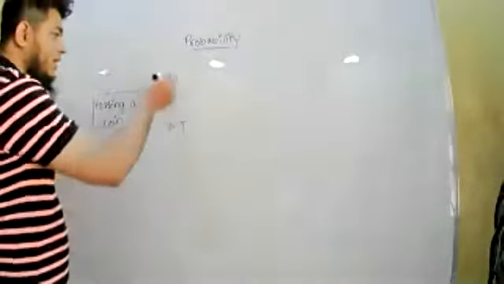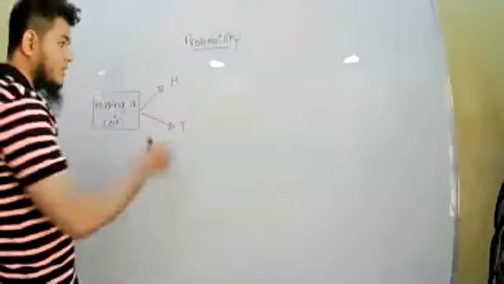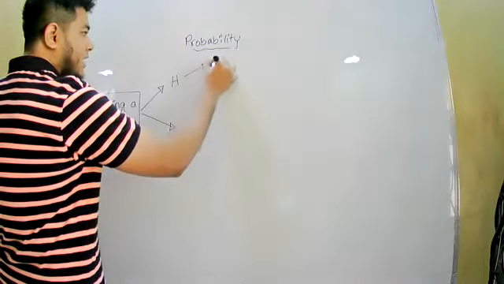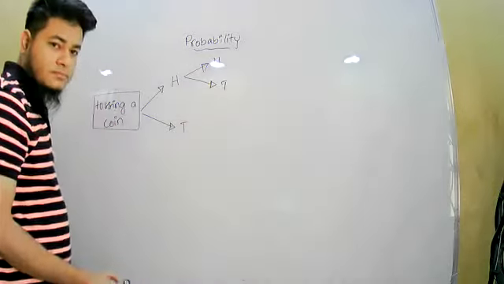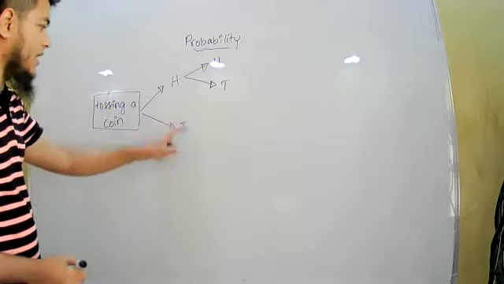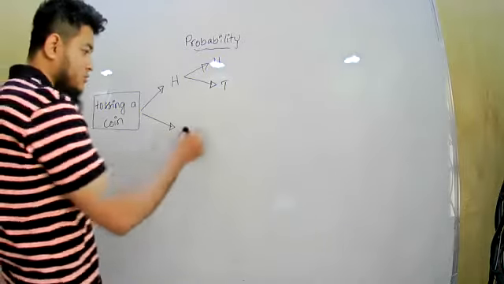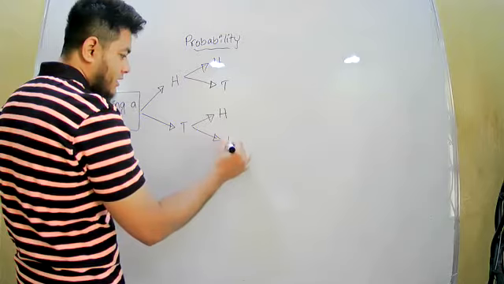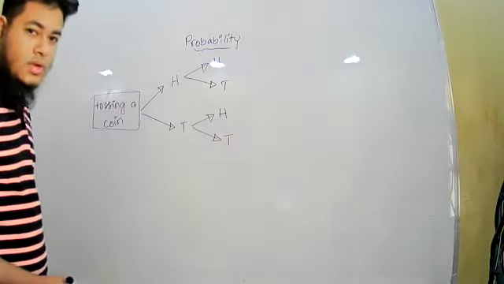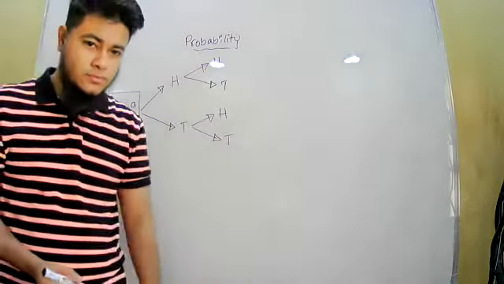So if I get head in the first time, there is a possibility that in the second time I might get head or I might get tail. Or if I get tail in the first time, it is possible that I have got head in the second time or tail in the second time. So how many outcomes are possible now?